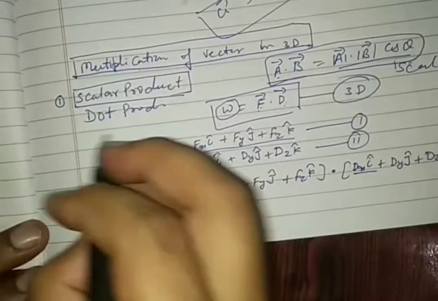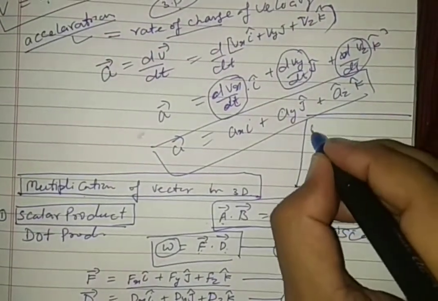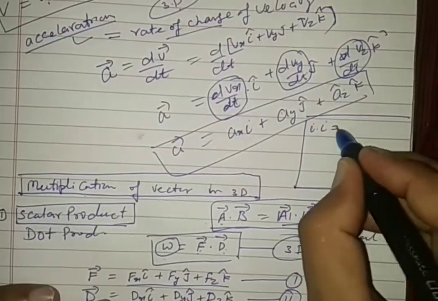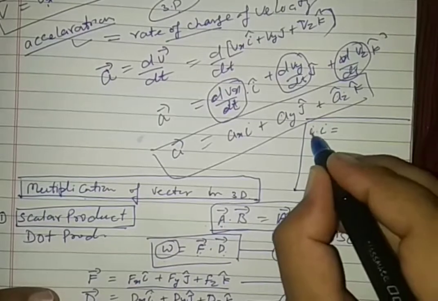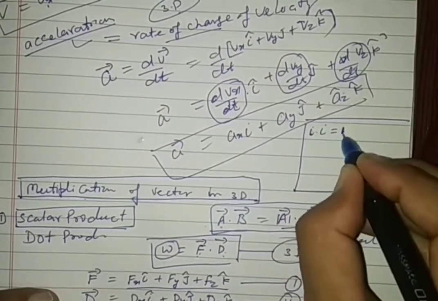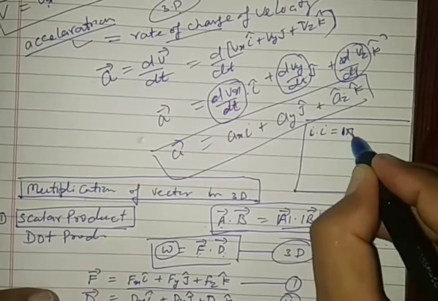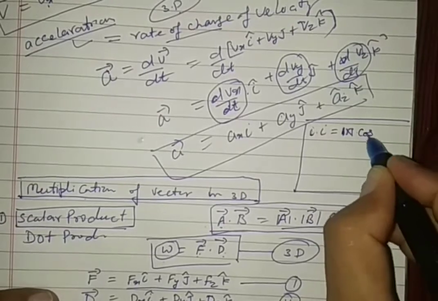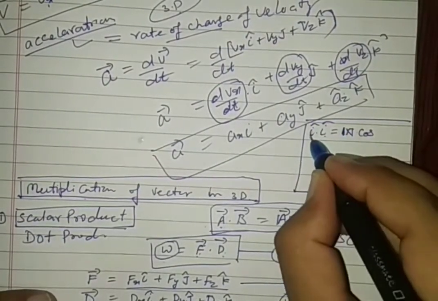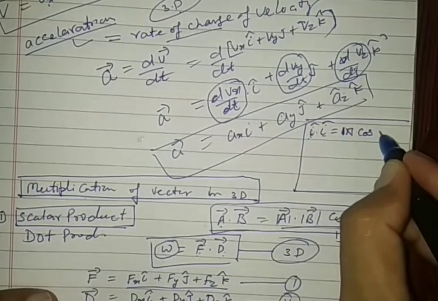See i dot i here in this case. i dot i means magnitude of unit vector 1 into magnitude of unit vector 2 into cosine of angle between both. The two unit vectors, one is along the x-axis and the other is also along the x-axis, both are equal vectors, so the angle is 0.